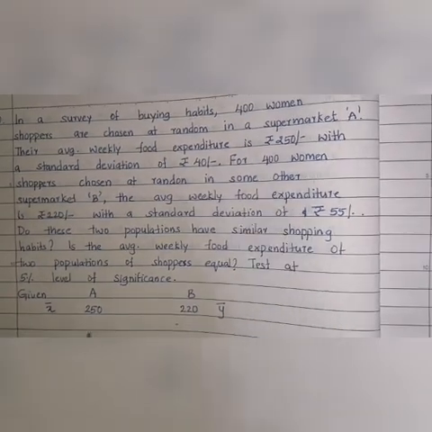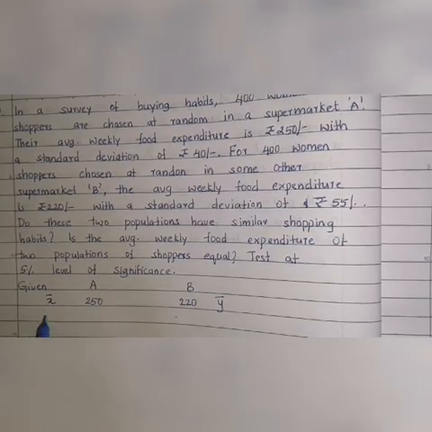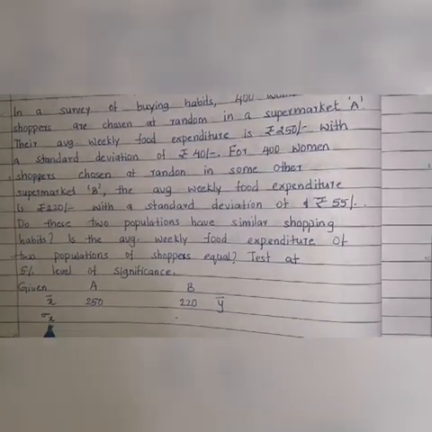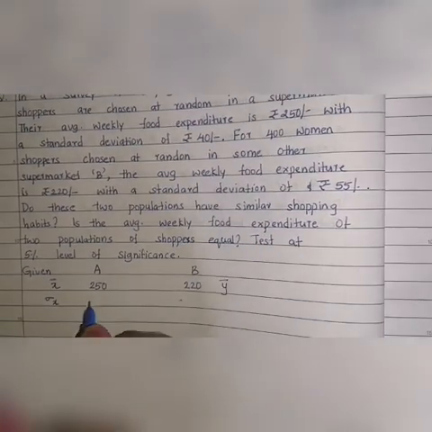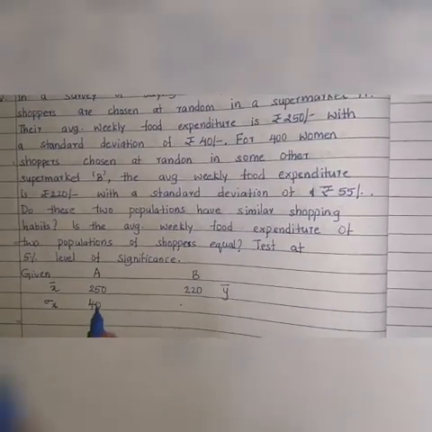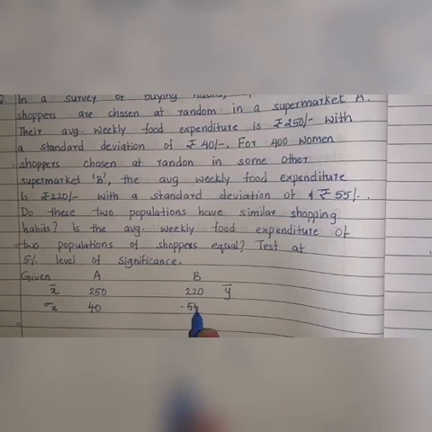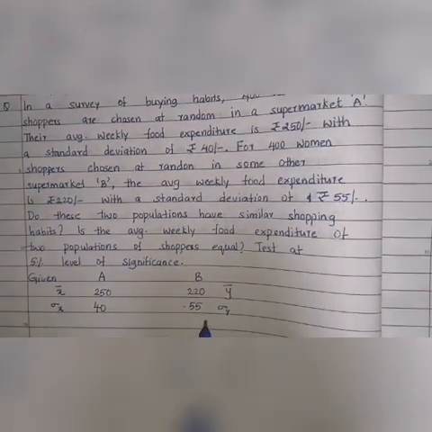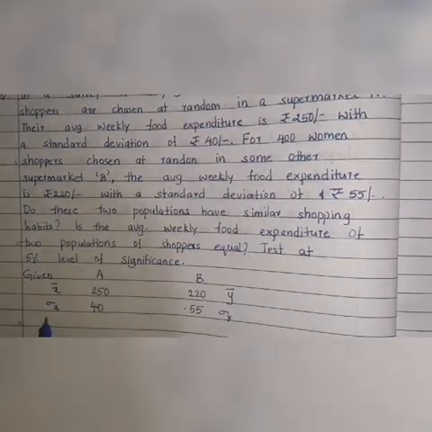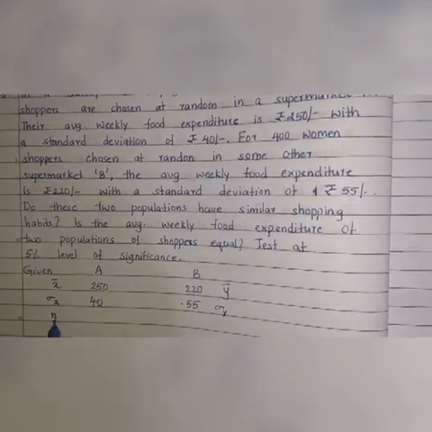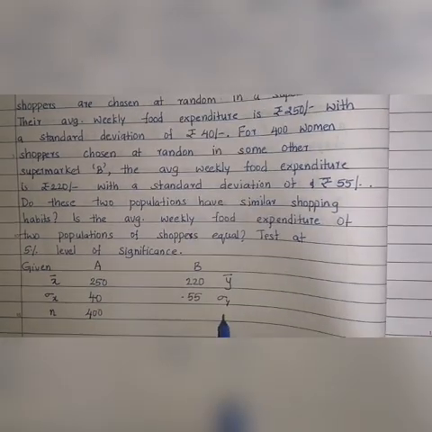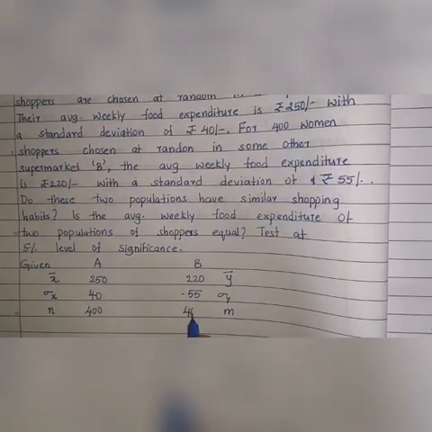The standard deviation sigma x is equal to 40 rupees, sigma y is equal to 55, and the sample sizes are n is equal to 400 for sample 1, and m is also 400.